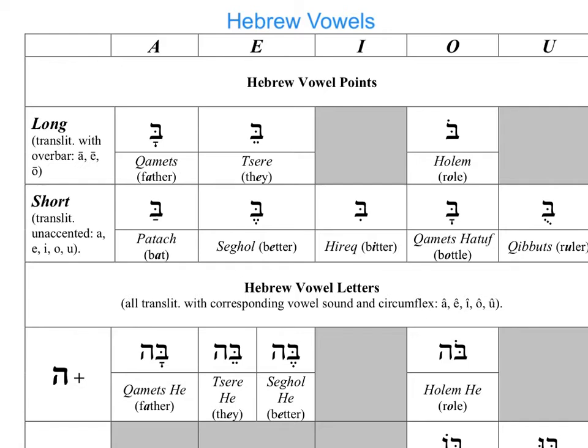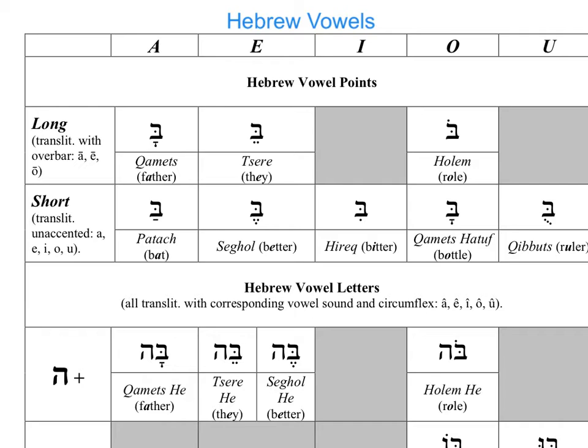And that segol is represented by those three dots rather than the two up here in the tsere. And the segol is again a shorter sound, something like in the English word better. So we had they for tsere and better for segol. So those differences with our Hebrew consonant placeholder would be be or be. The tsere was be, the segol was be. So there's our A, there's our E.